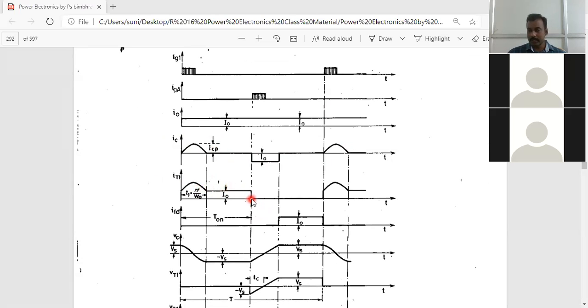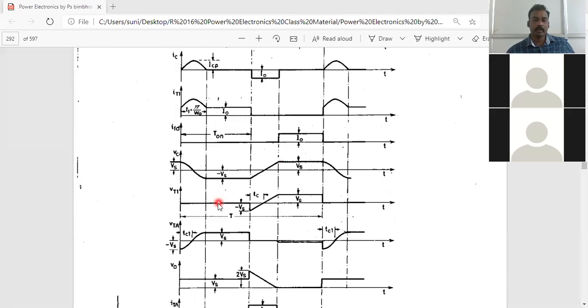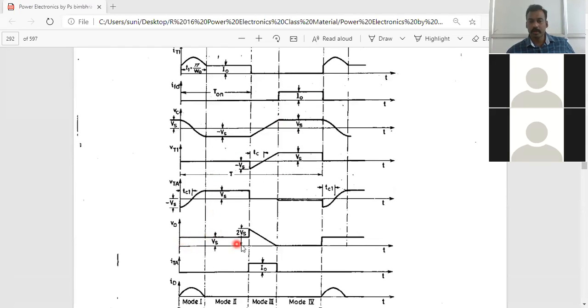You can observe here that from this point to this point, T1 is turned off, and again T1 is turned on at this instant. Then the capacitor voltage varies from plus Vc to minus Vc, depending upon the triggering instance of the auxiliary device. And you will have the output voltage V naught, having a magnitude of Vs.